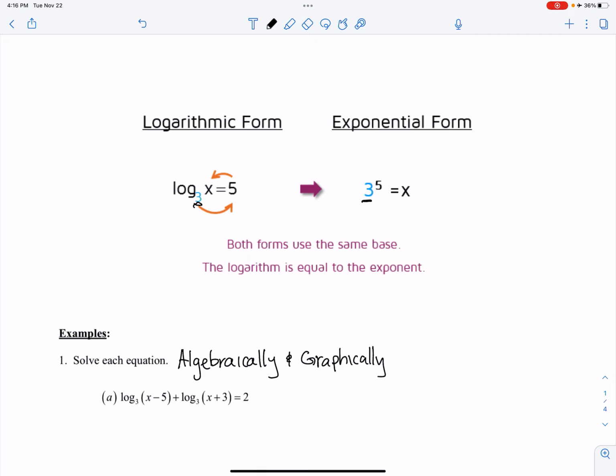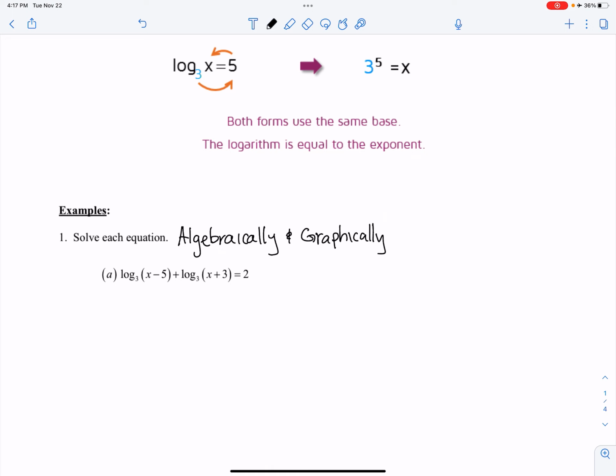Our log itself equals what we have in our exponent. So if you weren't able to figure out any sort of way to remember before, this little diagram, I saw it and I really liked it. And I like how they are putting emphasis on the log being equal to the exponent. It makes it a little bit easier to remember how to rewrite.